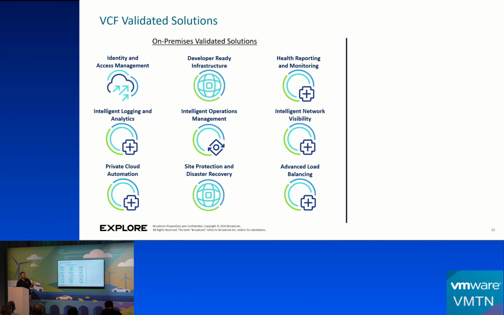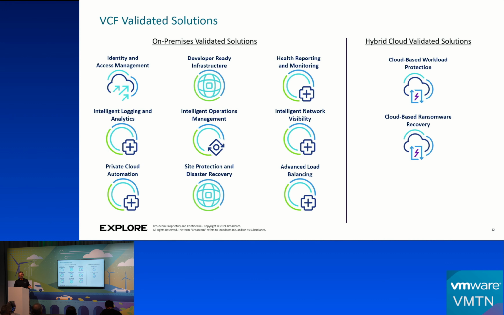The second pillar is hybrid cloud solutions, where you can have cloud-based workload protection, where you can have cloud-based ransomware recovery with the help of VMware Live Cyber Recovery Manager.